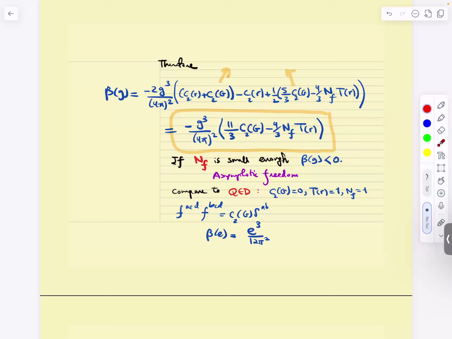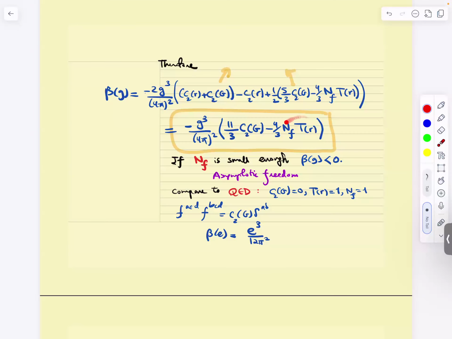This term goes away, and no matter how many fermions you have, the beta function ends up being positive because T of R is positive. In the case of QED, T of R was 1 and N_F was 1. In that case, we found that beta of e is positive, e cubed over 12 pi squared. So QED did not exist as a theory in the UV because the beta function was positive.